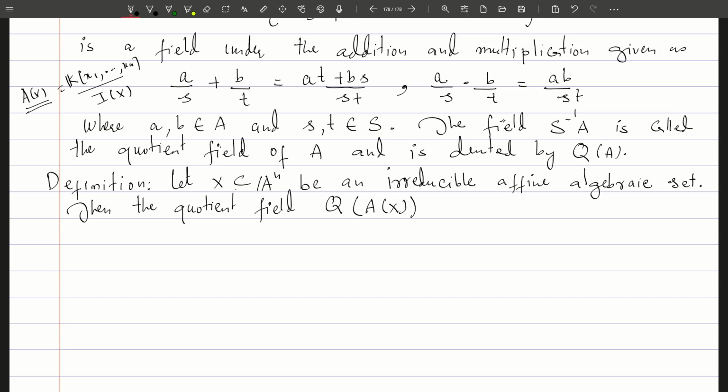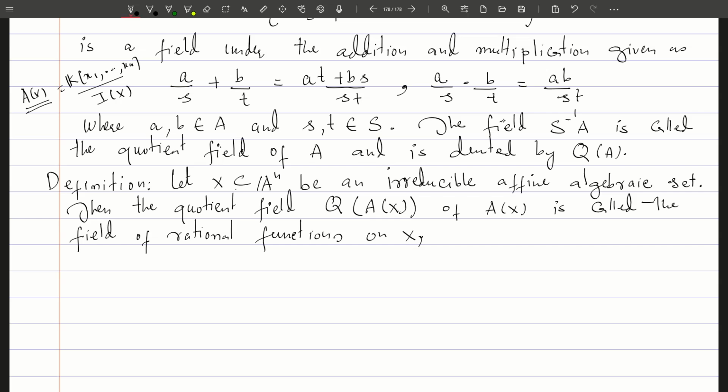We call this the field of rational functions on X.